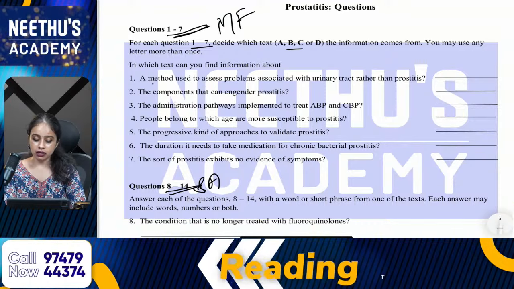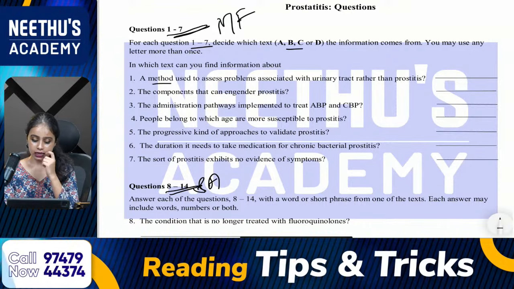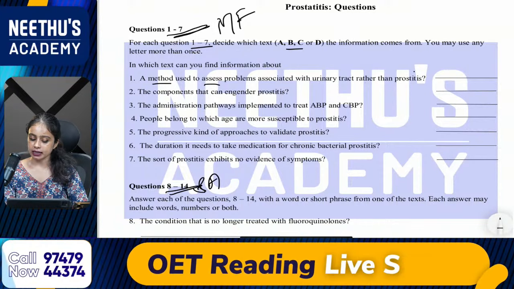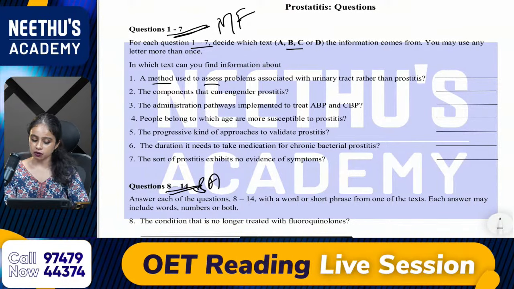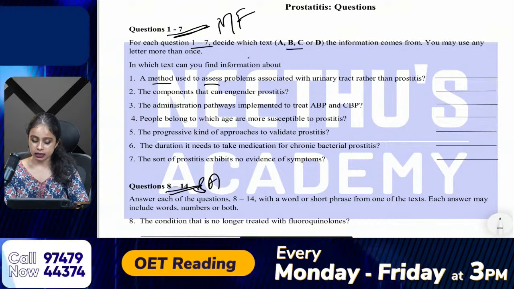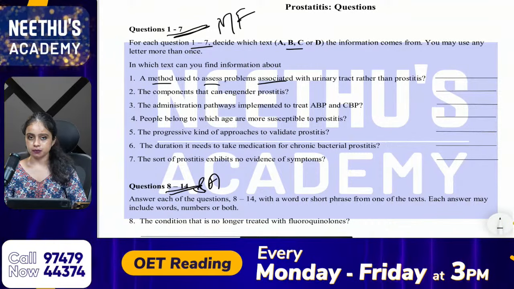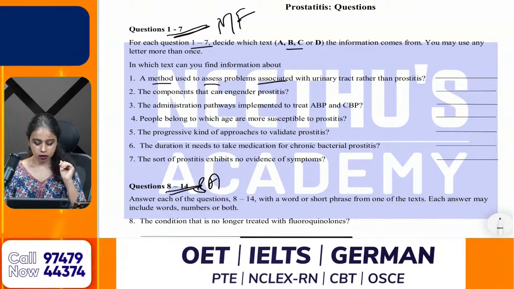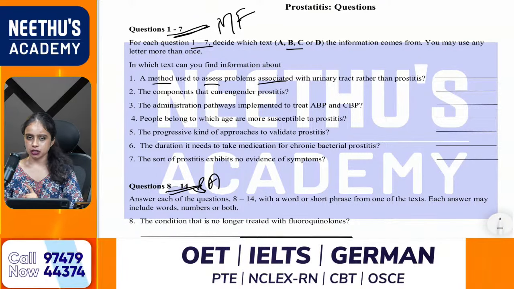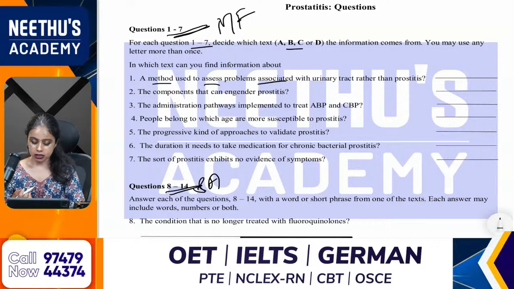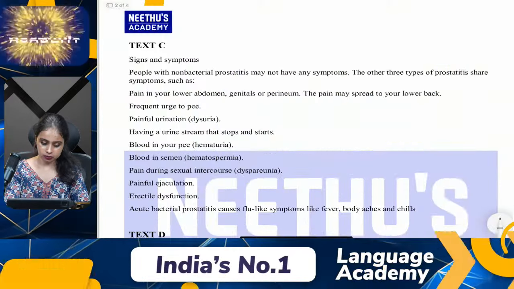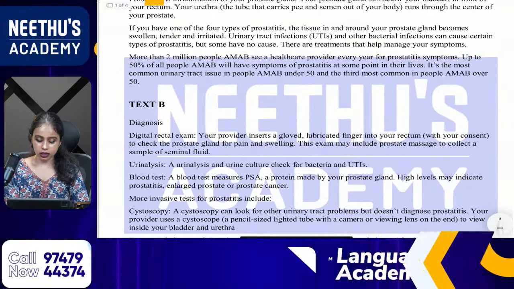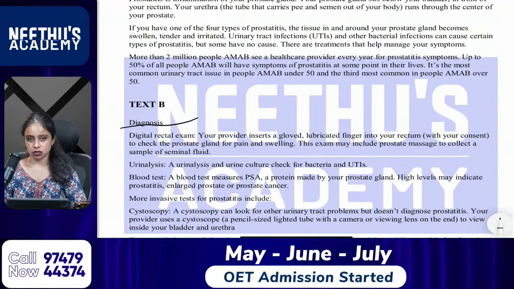Okay, so first question: a method used to assess problems associated with urinary tract rather than prostatitis. So my keywords: method, assess, associated. What is the correct answer? The method is mentioned in text B, diagnosis.